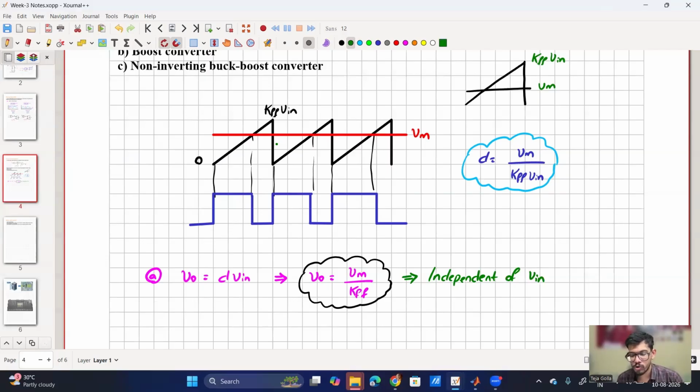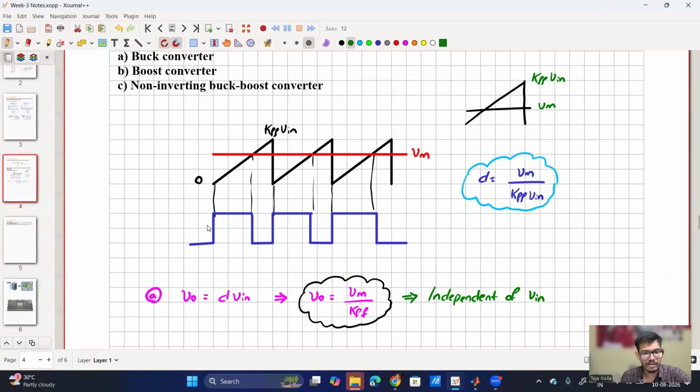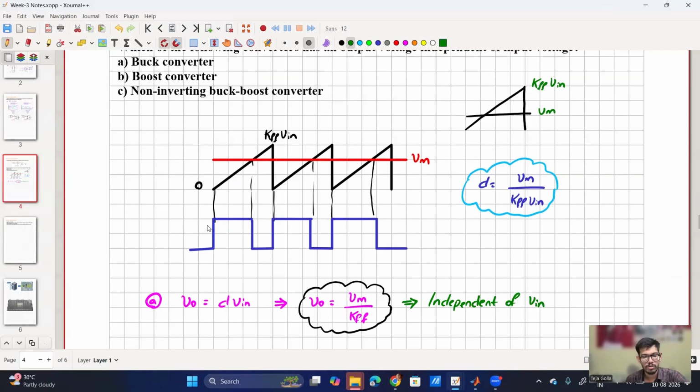I don't want the output to be affected because of the supply. Then I'll give input voltage feed forward and my output voltage is independent of input voltage. So here I'm getting this benefit. So sometimes input voltage feed forward will help, but whether it will help always, that we can see by checking the buck converter as well, boost converter as well as buck boost converter.